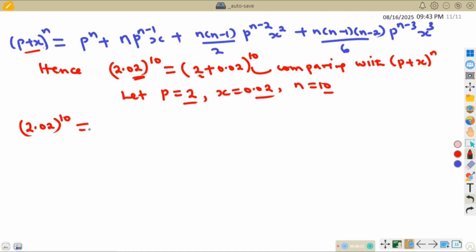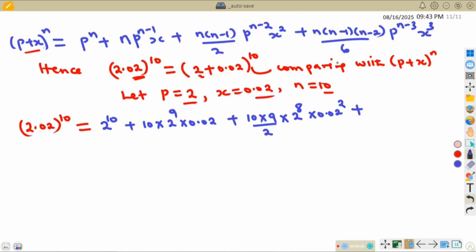And 2.02 to the power of 10 will be, so we shall try to put this p, x, and n in this expansion here. So this will be equal to 2 to power n, n is 10, plus n, n is 10, times p, p is 2, to the power 10 minus 1, that is 9, times 0.02. We shall add there, n is 10, 10 times n minus 1, that is 9, we are dividing this by 2, then p is 2, then n minus 2, that is 10 minus 2, that is 8, and then x is 0.02 squared.